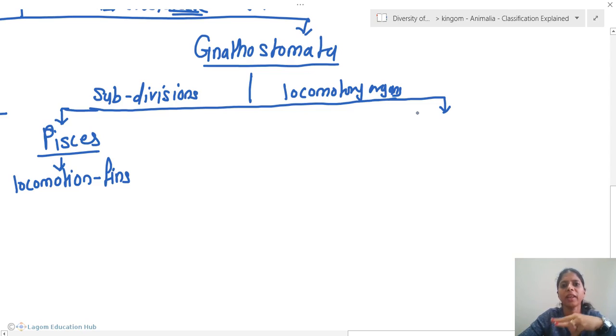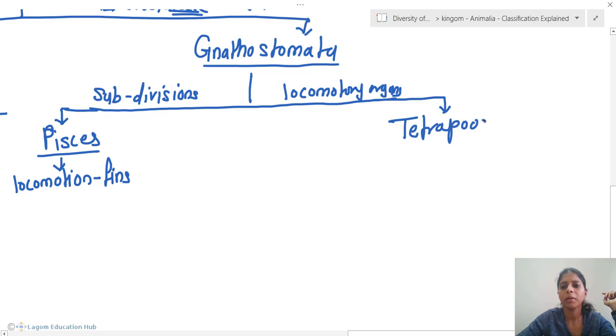Likewise, cows and all are having 2 front legs and 2 back legs. Birds are having 2 wings and 2 legs. Amphibians are having 4 legs. So all the animals with 4 legs, or 4 appendages, are called Tetrapoda.